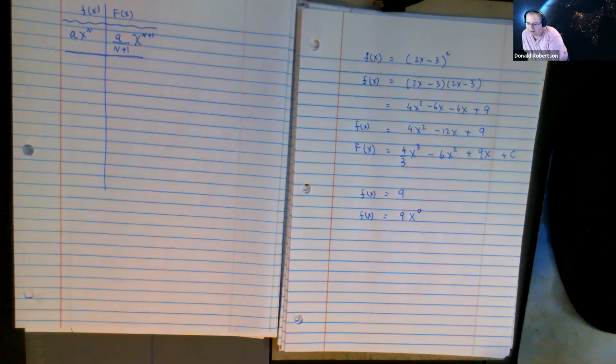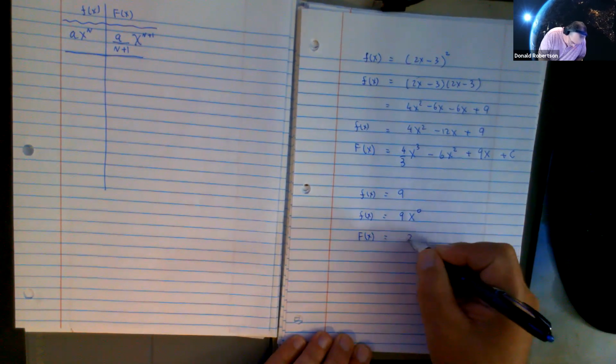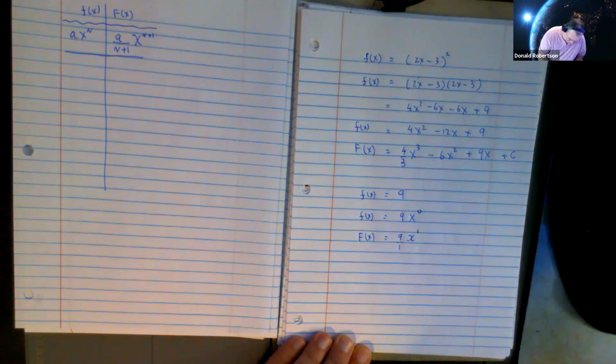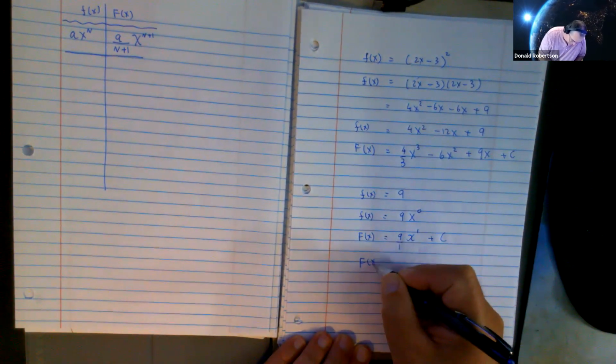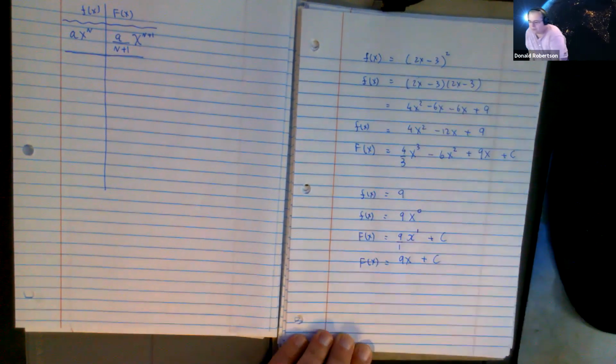So won't 9 be the same thing as 9 times x to the power of 0, right? 9 times 1. But I can now do the power rule, because the power rule says add 1 to the power and divide by the new power. And according to style points then, you see it's 9x.